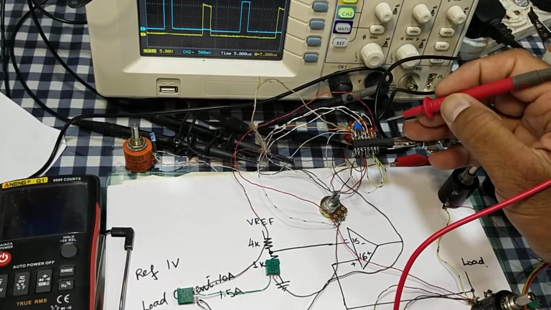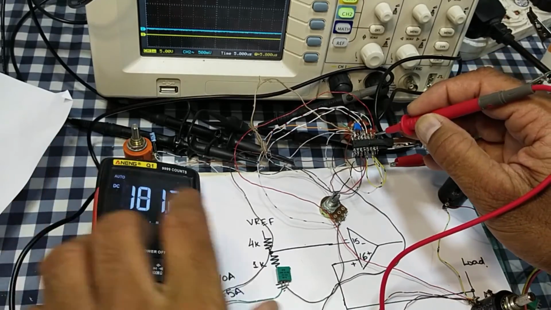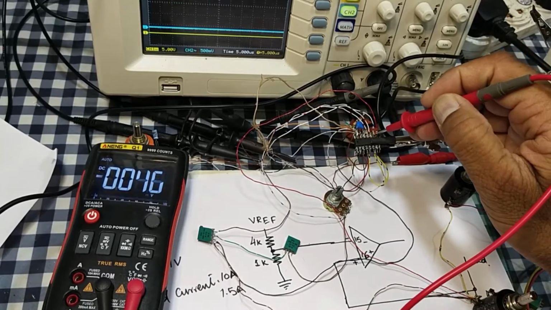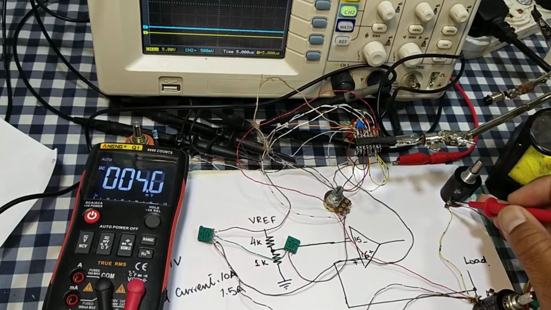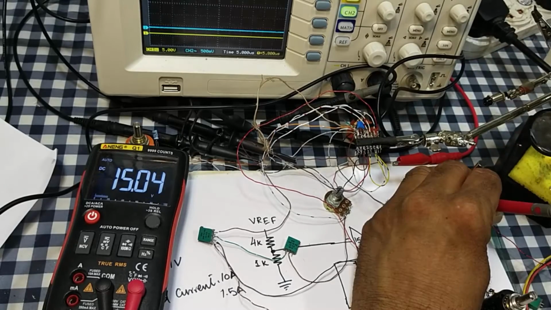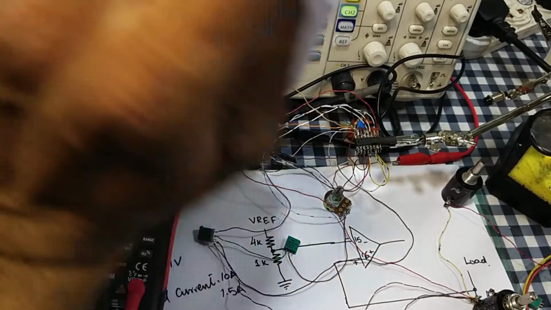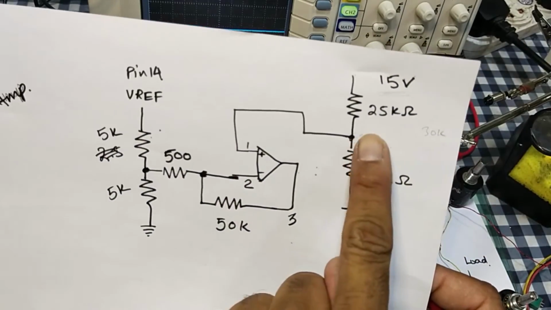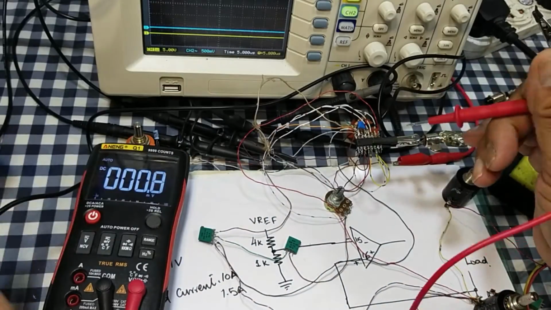So we applied a 2.5 volt reference at pin number 2, and when we have 15 volt output in the output section, at that time this voltage divider network, 25k and 5k resistor, will provide a 2.5 volt reference at pin number 1.